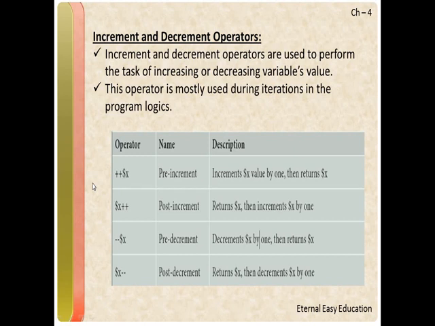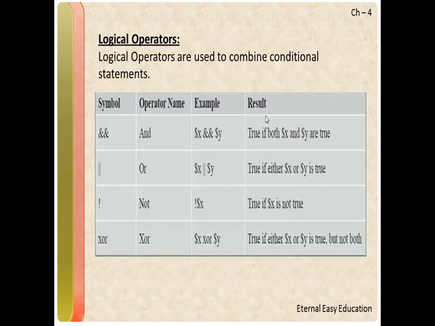Here, there is a difference in post and pre. And it will be very interesting. We'll see with the example. Remember, increment or decrement means plus plus increment, minus minus decrement. Plus plus is going to increase one value. Minus minus is going to decrease one value. You learn up to this.